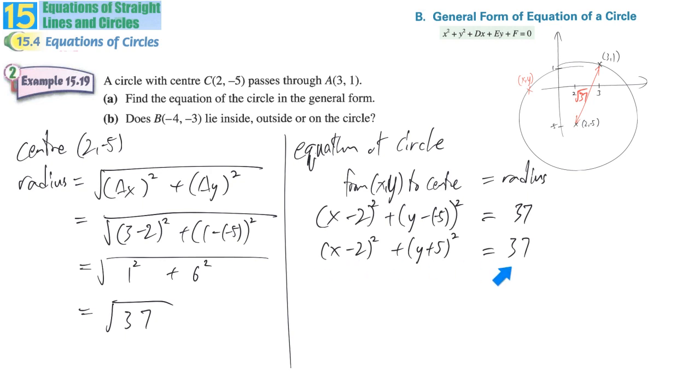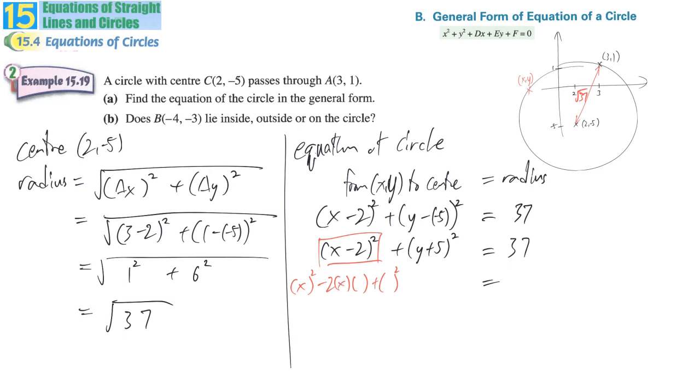This is called the standard form, but the question asks you to write in general form. That means you have to expand it and then separate the x squared term, x term, y squared term, y term. Therefore we just expand it by using the identity: (a minus b) squared is a squared minus 2ab plus b squared.